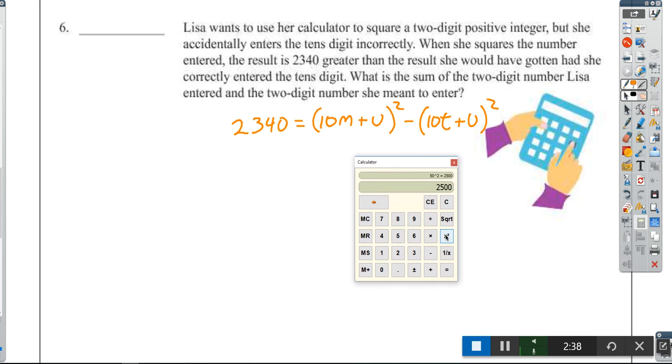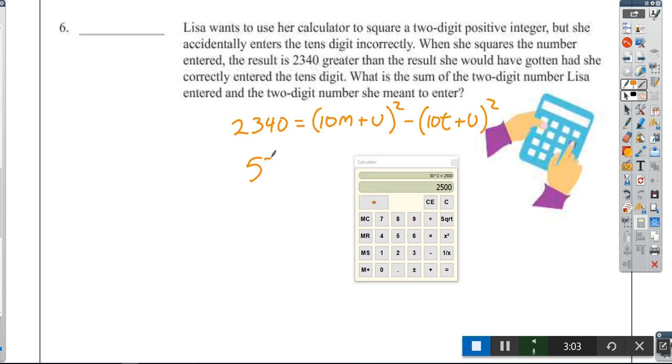So I know we're dealing with a 2-digit number, so I'm going to square 50, and I get 2,500. Okay, well, I know that the difference of my 2 numbers has to be 2,340. So right away, that's telling me that one of my 2 numbers is probably just a little bit bigger than 50. So let's try, I don't know, 52.